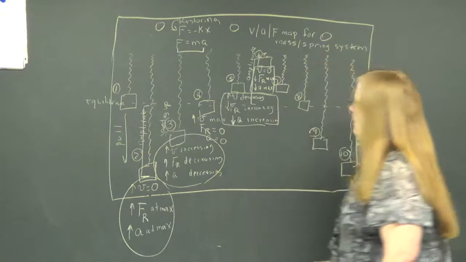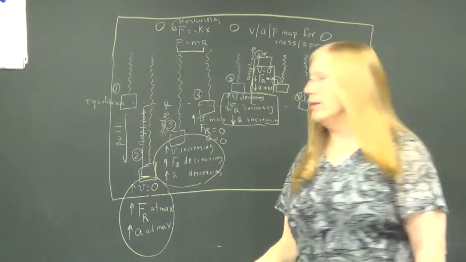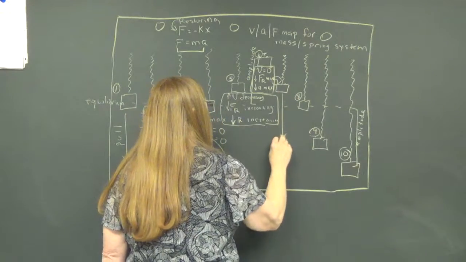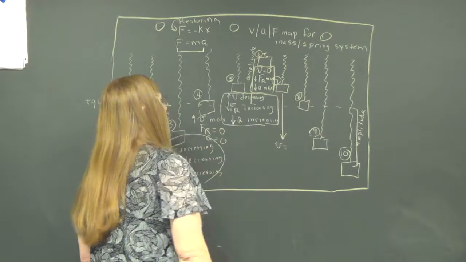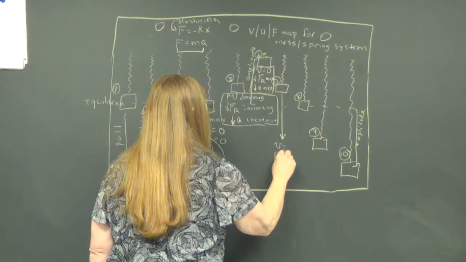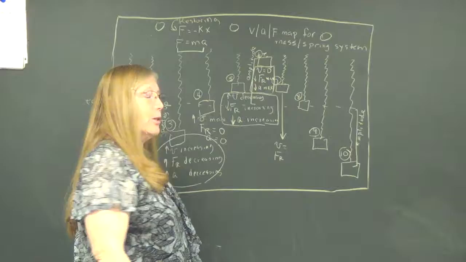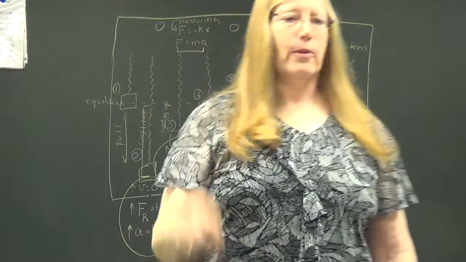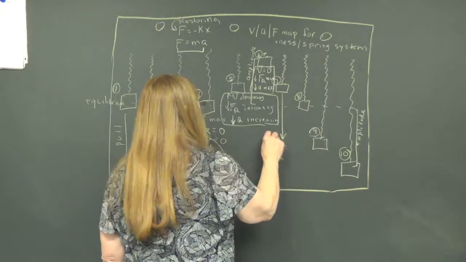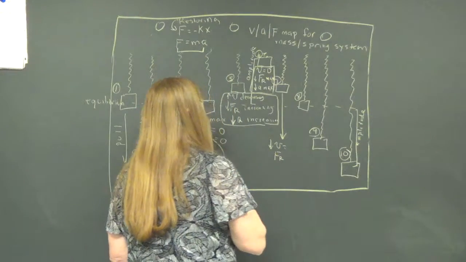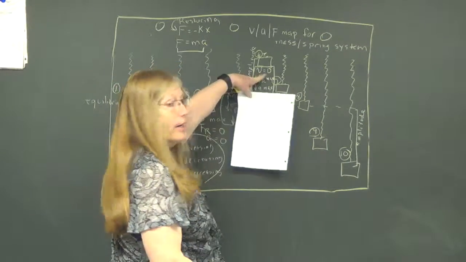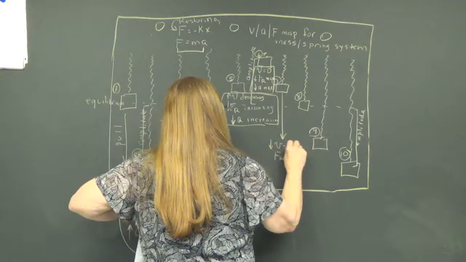All right, number 7. Walk me through that one, Jonathan. What's happening to velocity, John? Increasing in the downward direction. Right, it's moving downward, and it is increasing, because we were at 0, so now it's increasing.